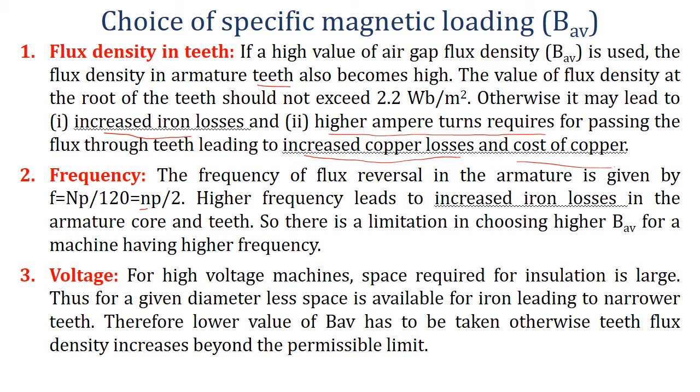If the teeth become narrower, then the flux density in teeth becomes high, which cannot be allowed. That means for high voltage machines, we can't use a high value of B average. So the typical value of B average varies from 0.4 to 0.8 Weber per meter square.